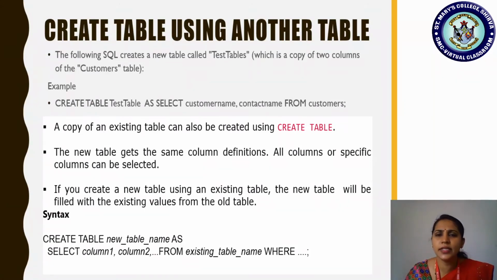ABC does not exist, so you are telling it: create table test table from customers with the two columns customer name and contact name where the customer name is not equal to ABC. It means all the rows will be empty, so the test table will simply have the two column names without any values.